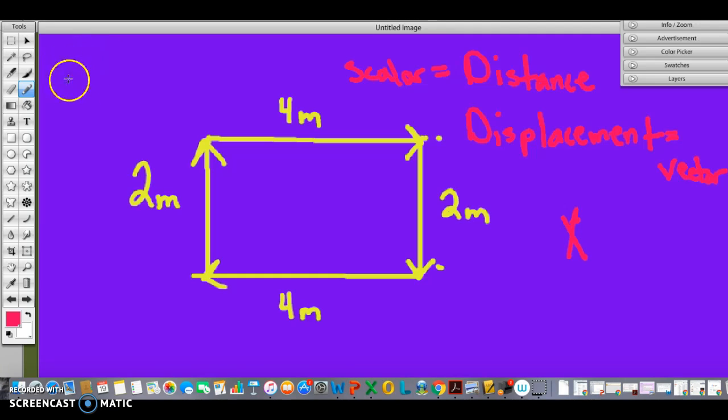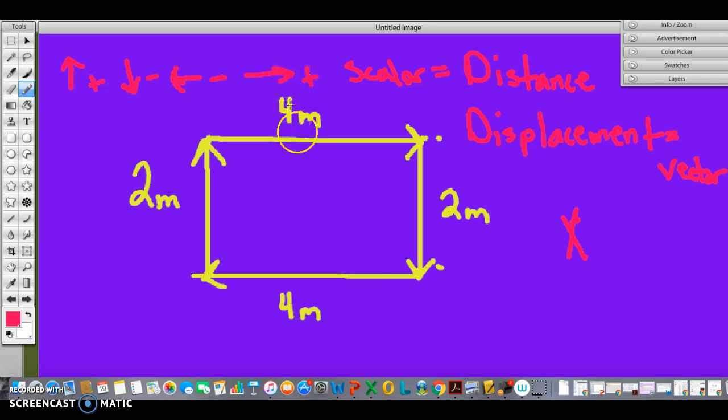Up means positive, down means negative, left means negative, and right means positive. Okay? So up means positive, down means negative, left means negative, right means positive.